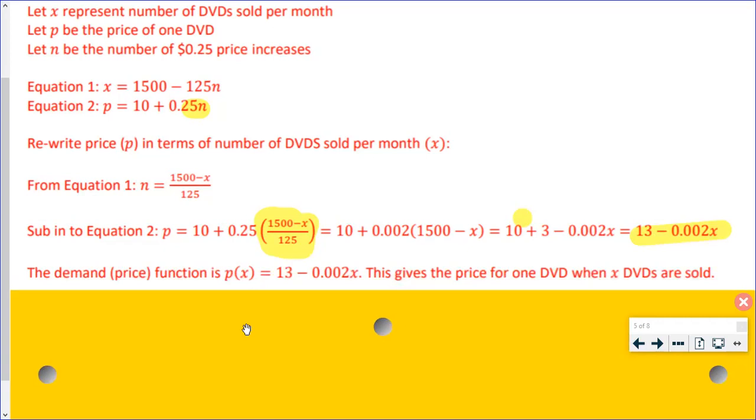So that gives me the demand price function. This is the price for one DVD when X number of DVDs are sold, because we took the equation for DVDs sold per month and substituted it into our price function.